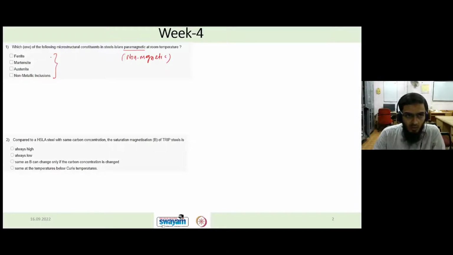So I will first of all explain. When we use this automotive steel, they are mainly ferritic, or the main phases present here can be ferrite, pearlite, cementite, martensite, austenite, and non-metallic inclusions, right?